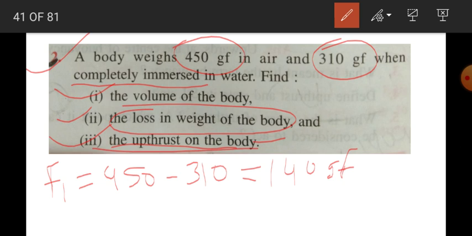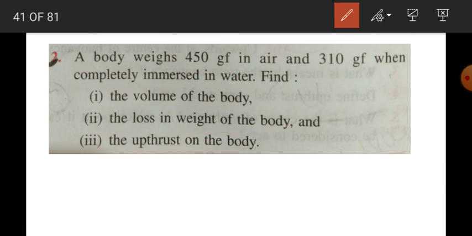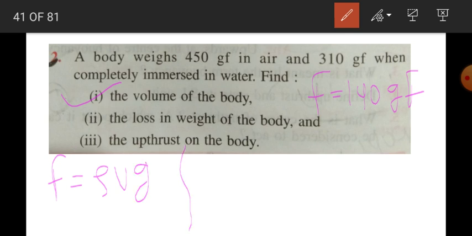Now, first, the volume of the body. Since we have got the upthrust, we can calculate the volume of the body. So let me write the upthrust value here: 140 gram force. What is the second formula? Density, volume, g. How much F did we get? 140, right?